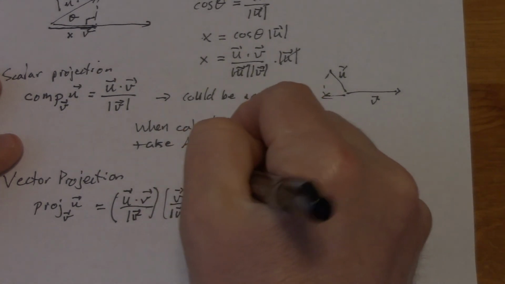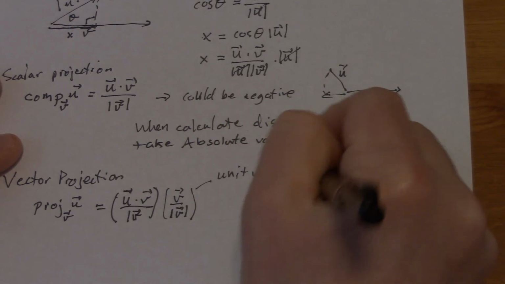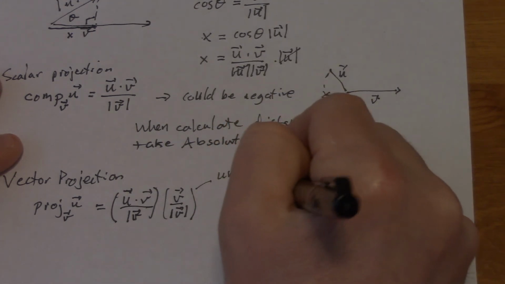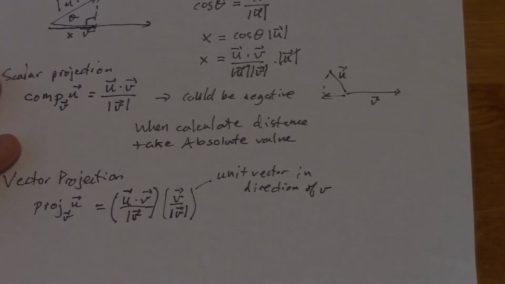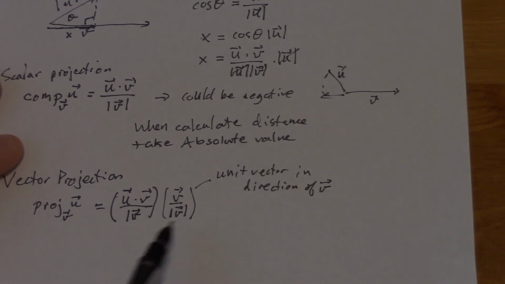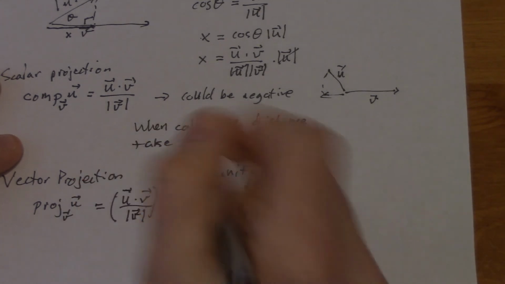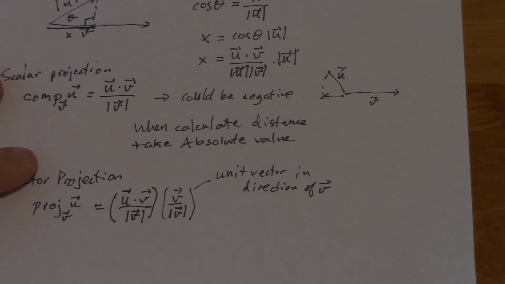So let me write that down. Okay, so remember how we do that? We just take v and we divide it by its magnitude. So that's a scalar. The denominator there is a scalar, but v is the actual vector we're given.